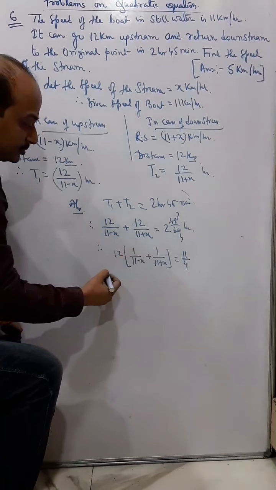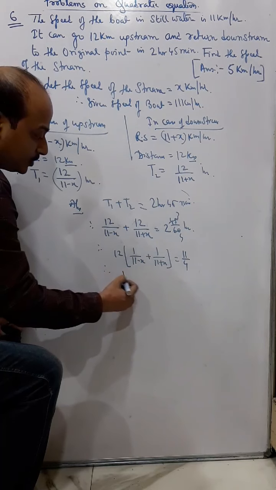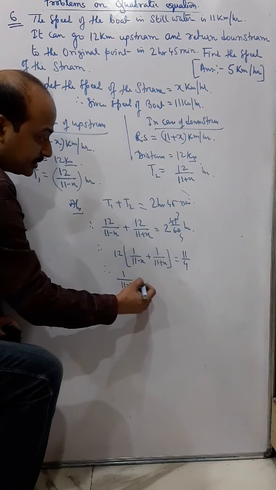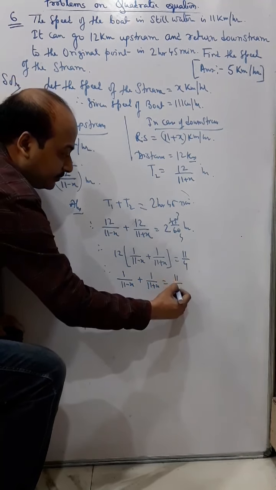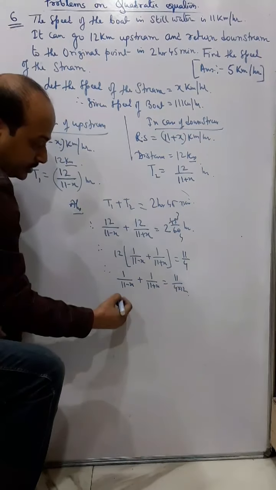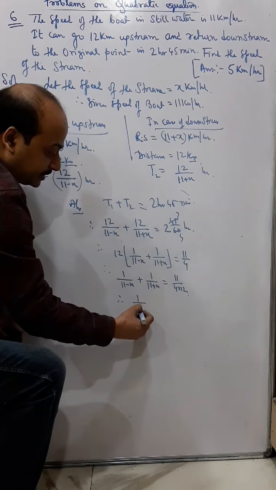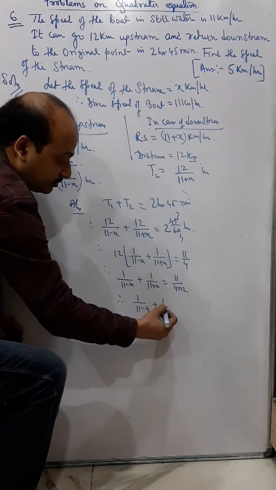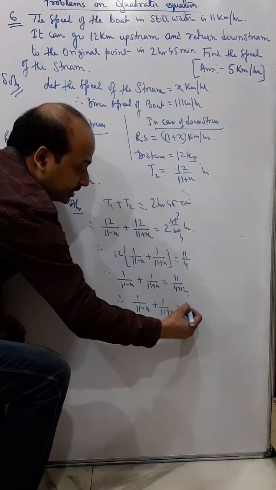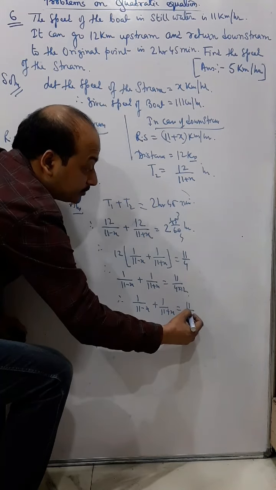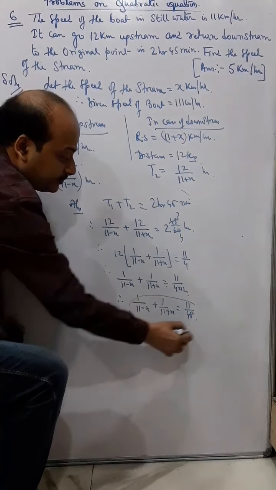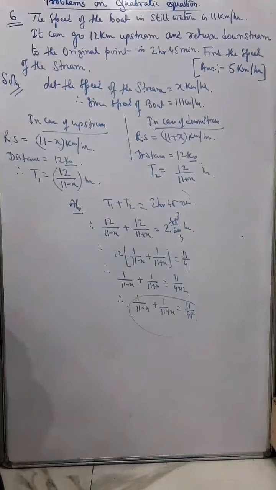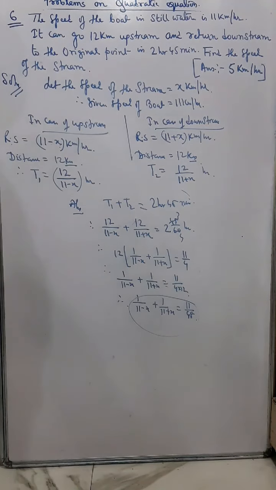Then 1 by 11 minus x plus 1 by 11 plus x is equal to 11 by 4 into 12, that is 48. Now we can solve this equation by forming a quadratic equation, and we can get the value of x.